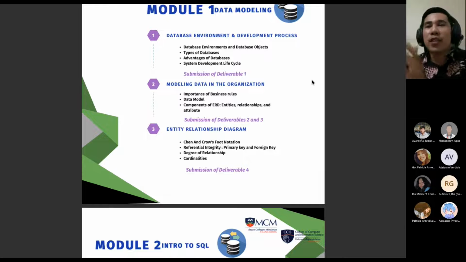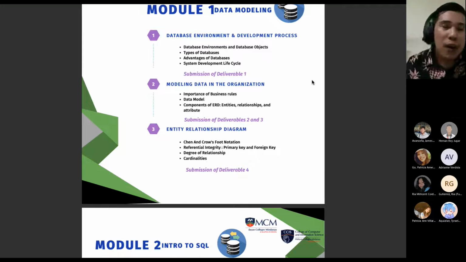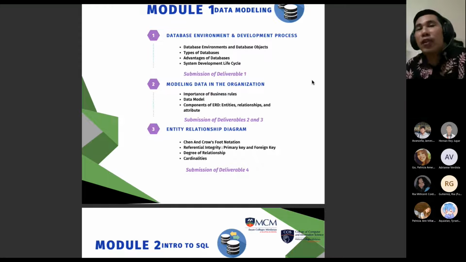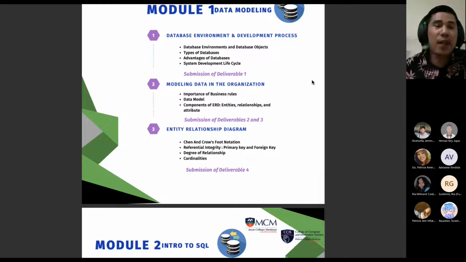This is in preparation of systems analysis and design for EMC and IS people, but for ComSci, you have application development, or app dev.